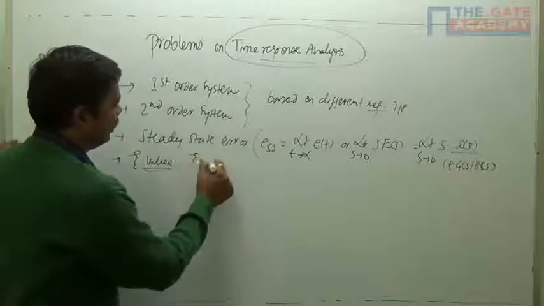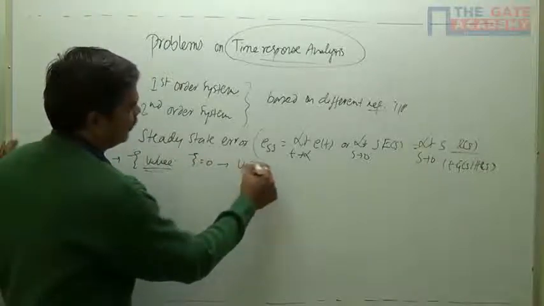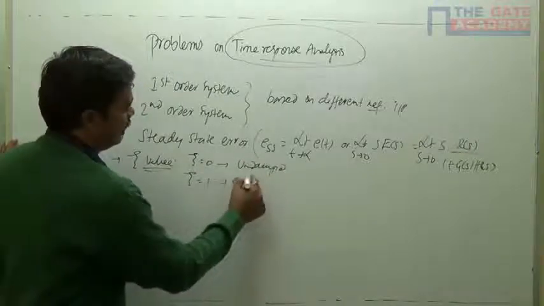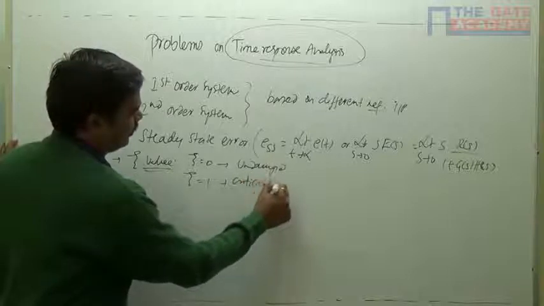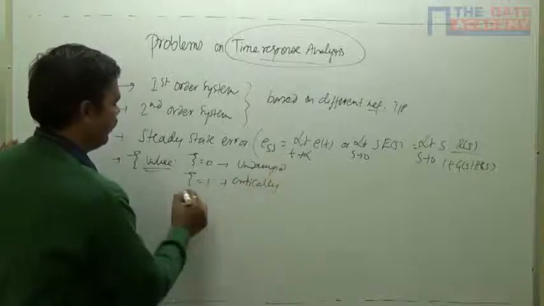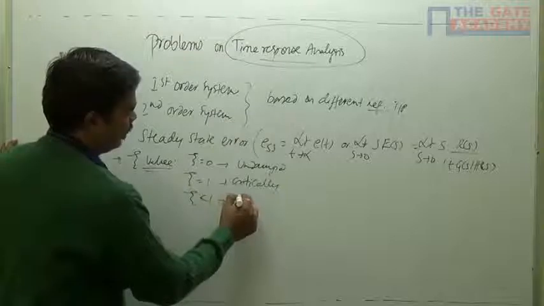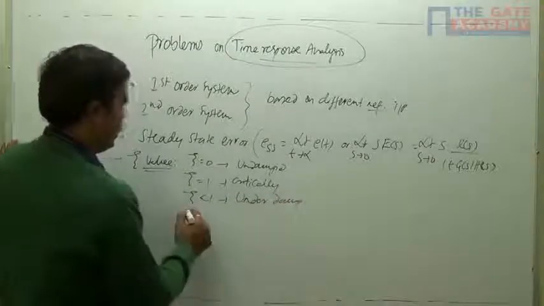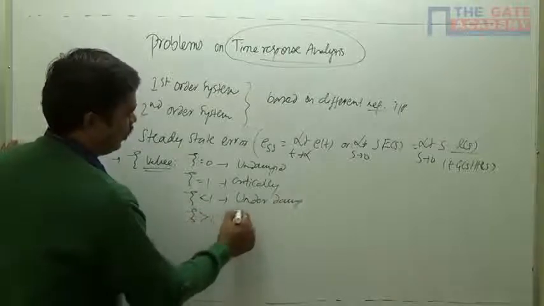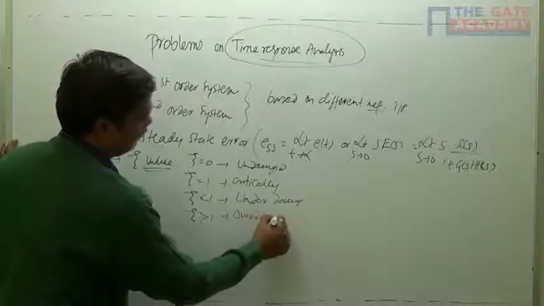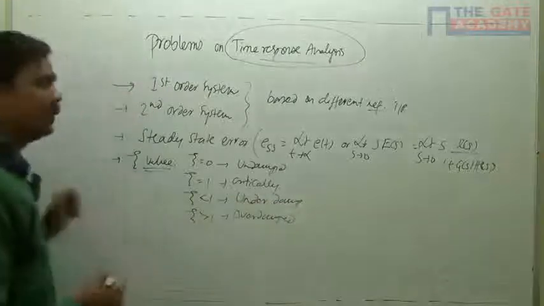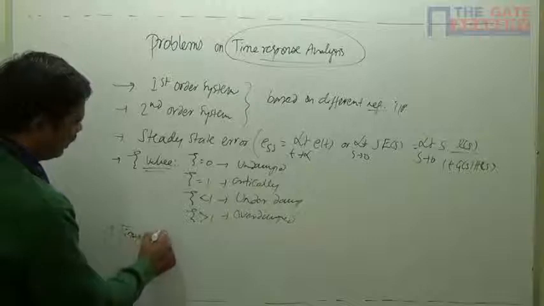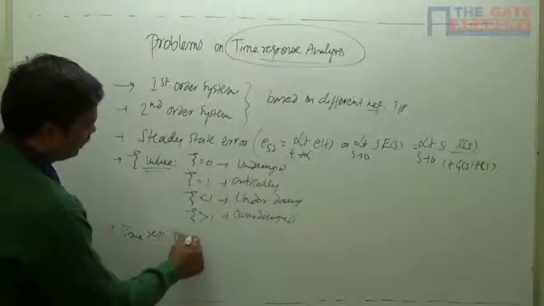If zeta equals 0, it is an undamped system; zeta equals 1, it is critically damped; between 0 and 1, less than 1, it is underdamped; and greater than 1, it is overdamped. This also we discussed.